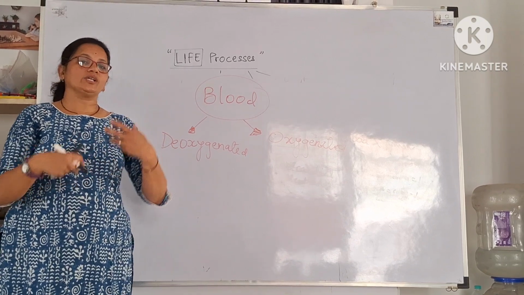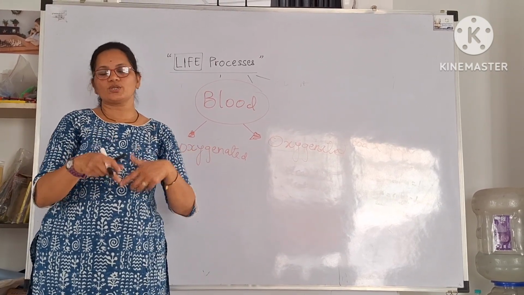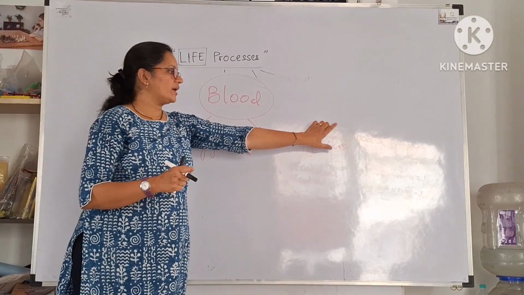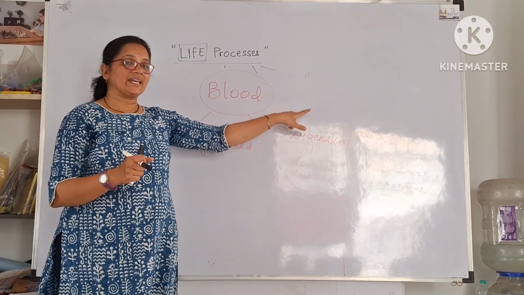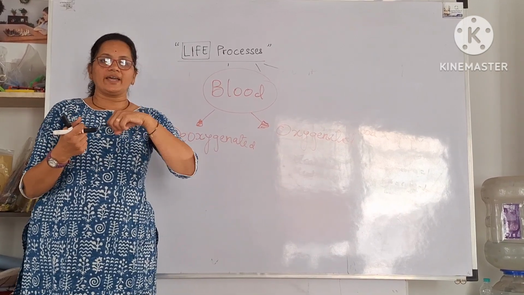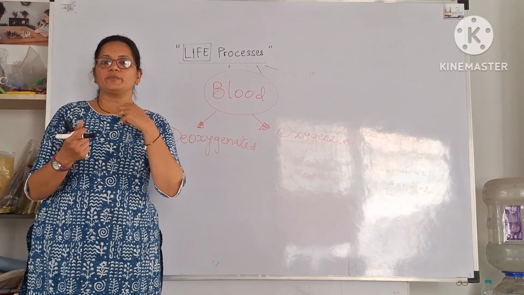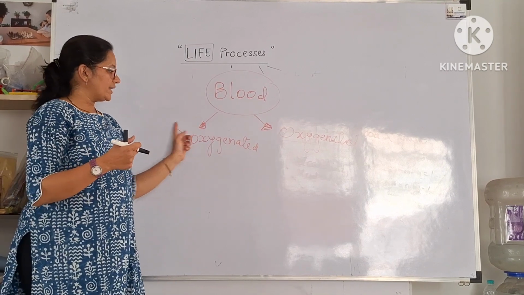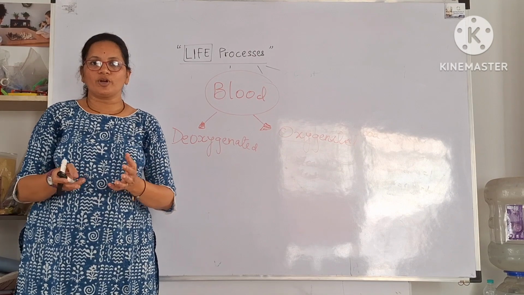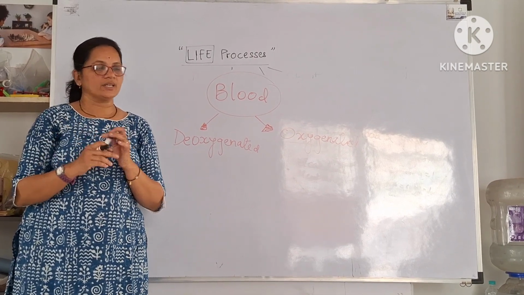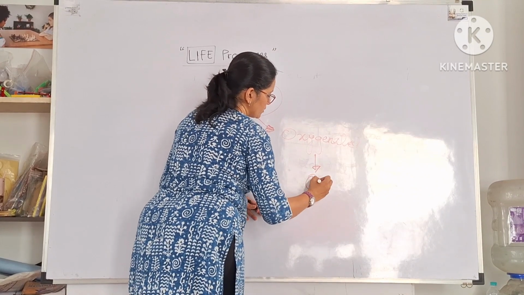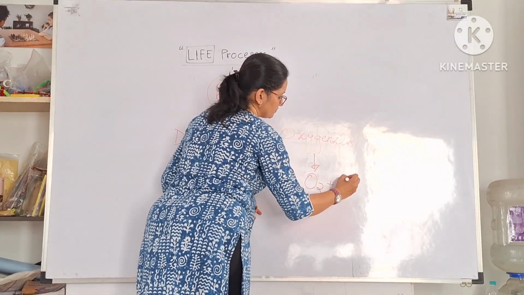Whereas carbon dioxide is given out in the process of respiration or breathing. So oxygenated blood means blood that carries oxygen. When we breathe in, the oxygen in the air is taken into the body. Deoxygenated blood means the carbon dioxide released from the body gets mixed with the blood.